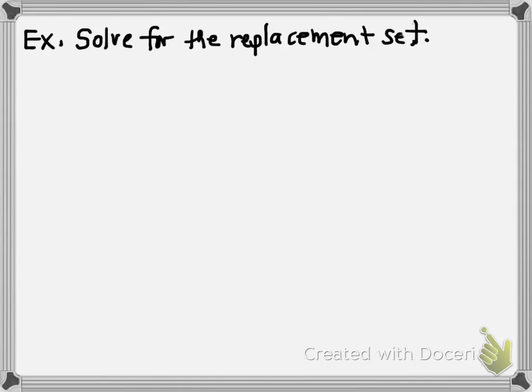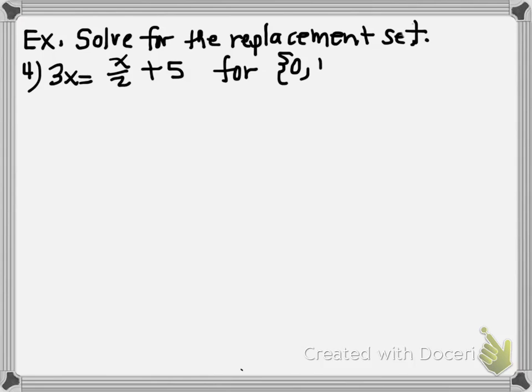And they're going to give us an equation. We've got 3x equals x over 2, or 1/2 x, plus 5. And then you'll see the word for. And then here come my lousy braces. And you'll see some numbers, in our case we have 3 numbers.